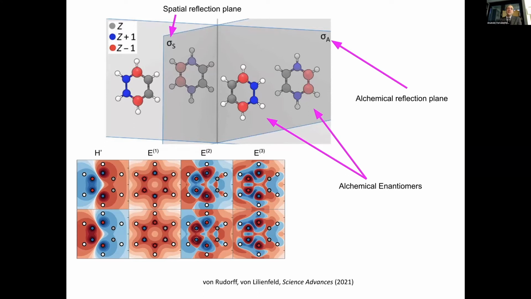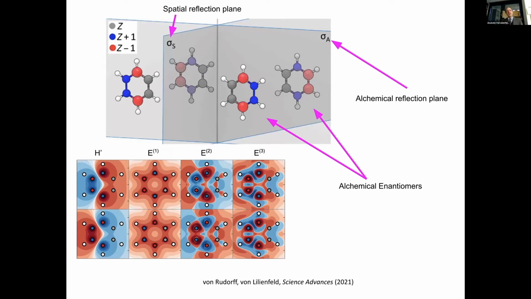They constitute what we call alchemical enantiomers. So you can reach them by perturbing benzene, and simply by changing the sign in your perturbational Hamiltonian, you get to either one of those.